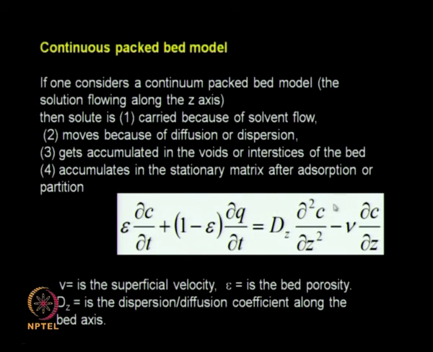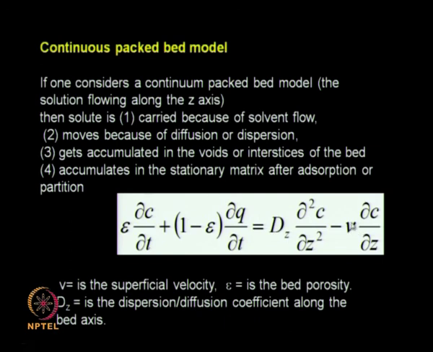Now this term, D d square c by dz square, where D is capital D, arises because of diffusion or dispersion of the solute along the axis. This term V dc by dz arises because of the movement of the solvent.